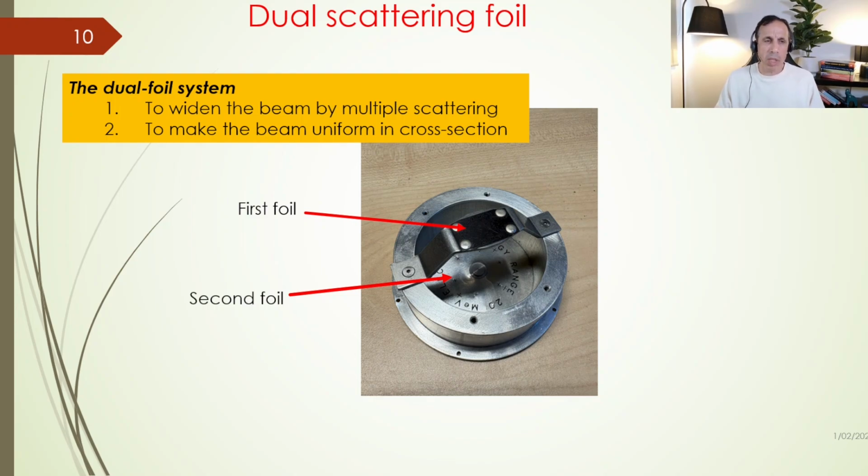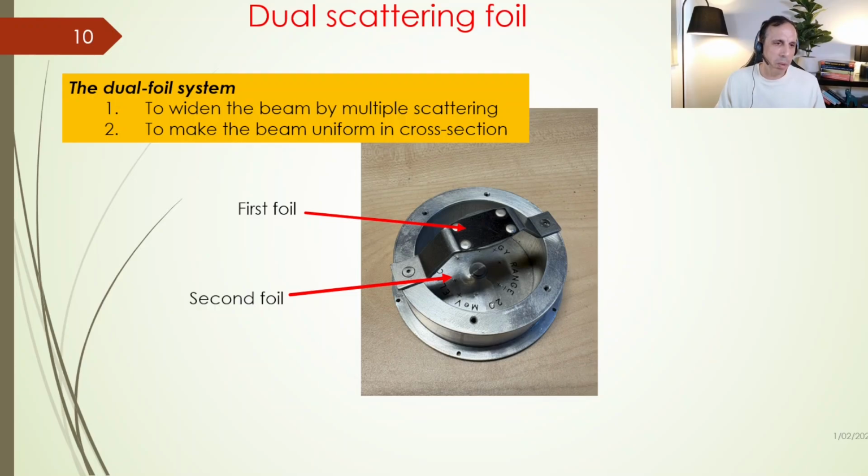When we talk about the scattering foil, it is very interesting to see how it is in reality, because when you draw something about the scattering foil, it is not really realistic, and I had a chance to take this picture from a real Linac.